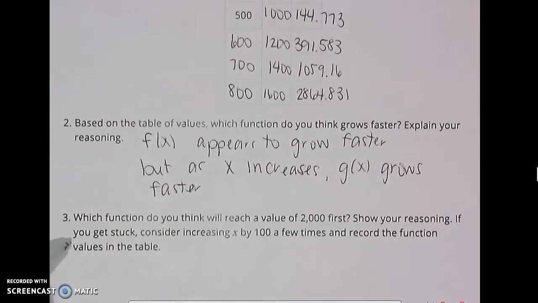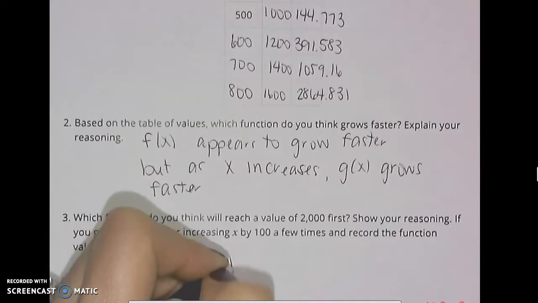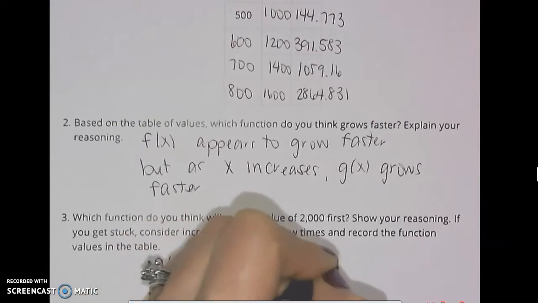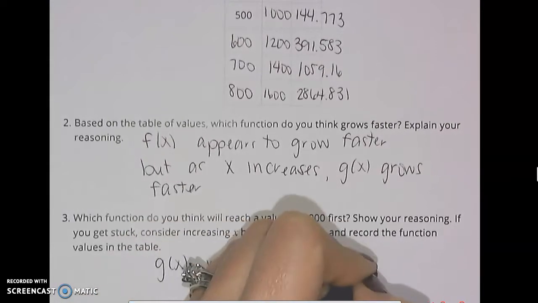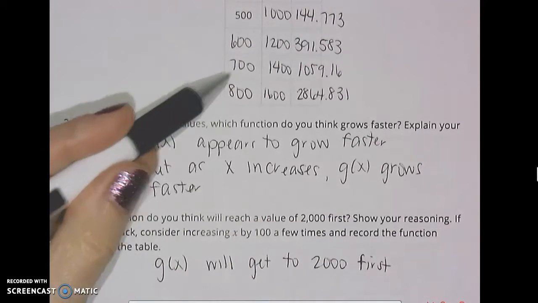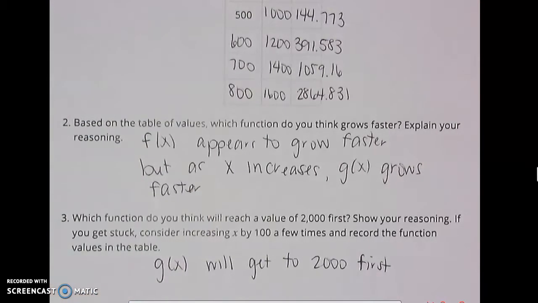So which function will reach 2,000 first? g of x will get to 2,000 first. Okay, so somewhere here between 700 and 800, when you plug that in, this one would cross over that 2,000 amount.